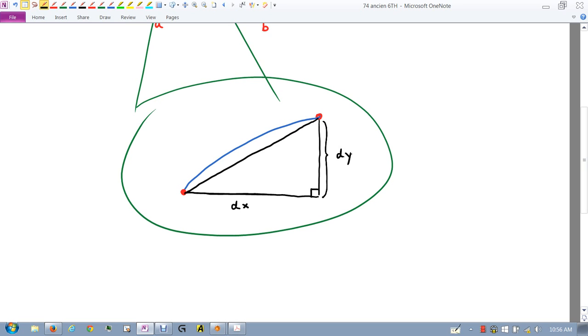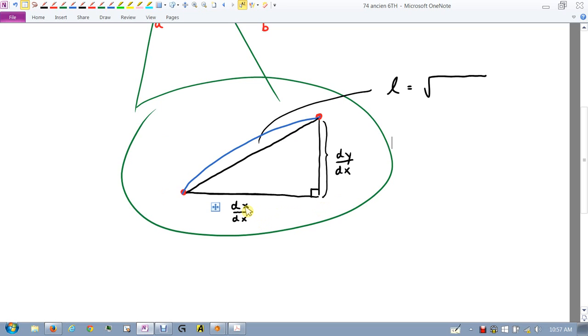According to the Pythagorean identity, this, I'll call it little l so we don't confuse it with the big L, which is the whole thing, would be the square root of... Let's do it this way. I think this will be a little easier. Let's call this dx/dx, dy/dx.